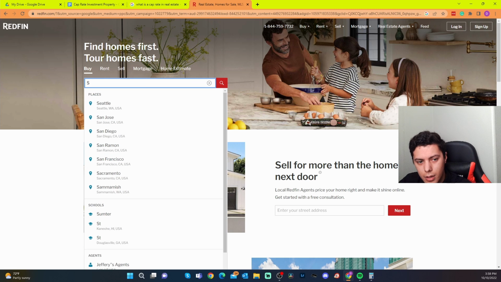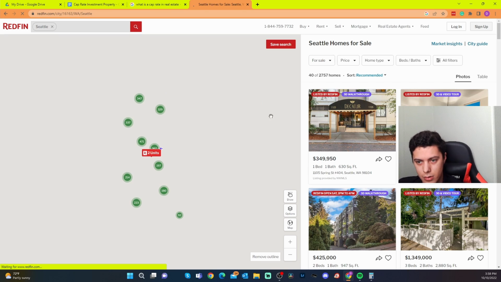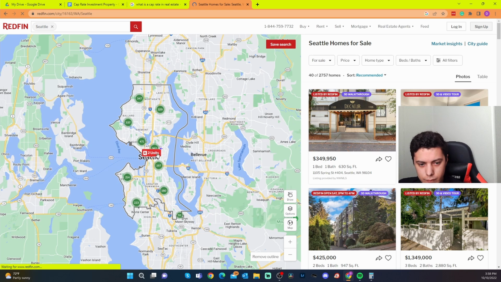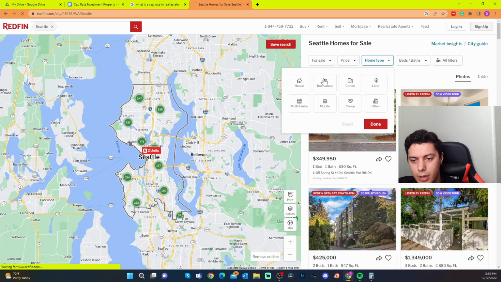I want to look at where I live. I live in Seattle. In Seattle, there's over 400,000 people, and there's a lot of apartments downtown. I really love Redfin. Redfin is probably my favorite brokerage website to look at properties. And then I would go condo.